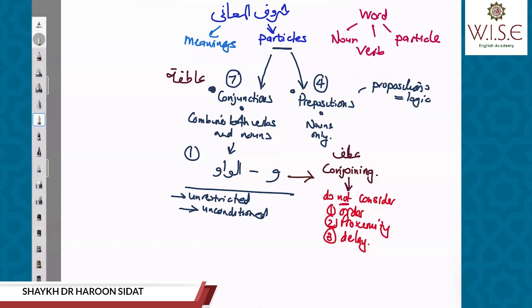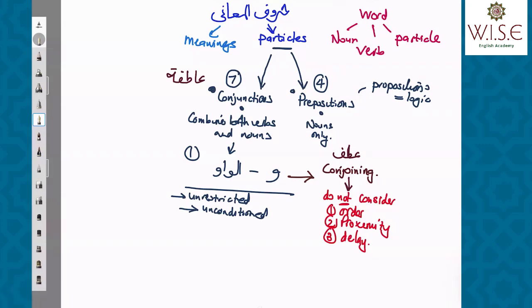If I say, for example, Zaid and Amr came, so Zaid wa Amr yaji'u. Zaid and Amr came. It does not mean that Zaid came first. It doesn't necessarily mean that Zaid and Amr came in that particular order, right? It just gives you the idea that Zaid and Amr came. That's what it means. It just gives you the idea that they both came.